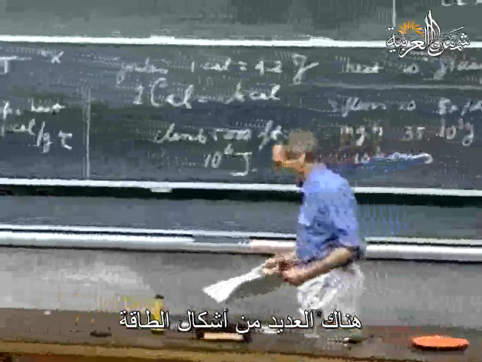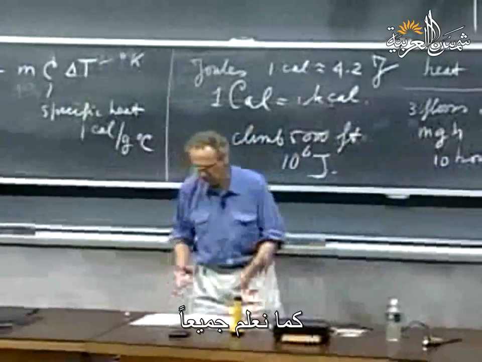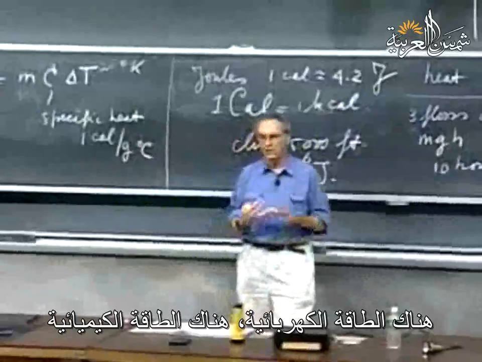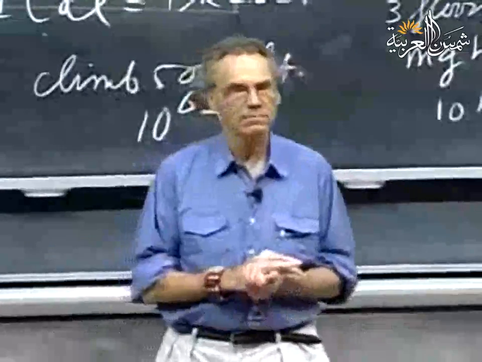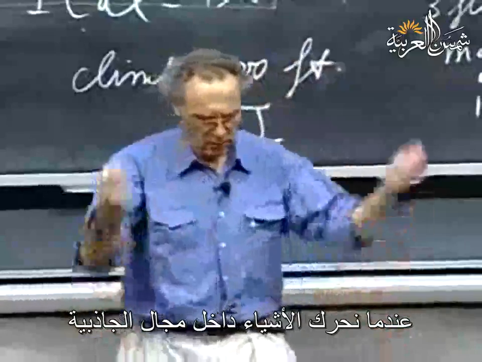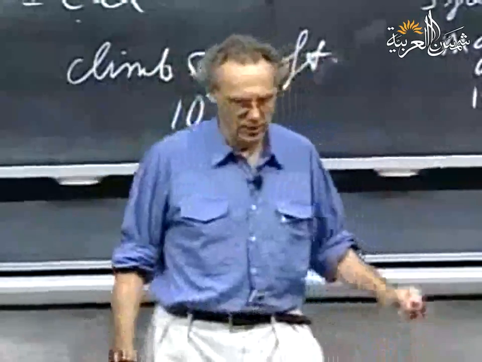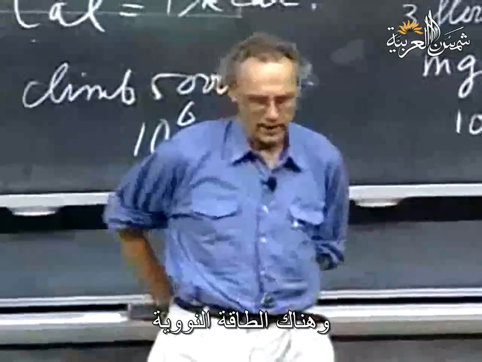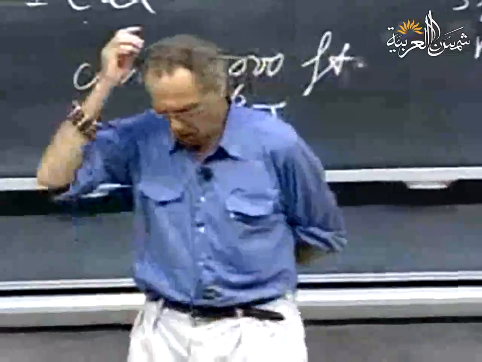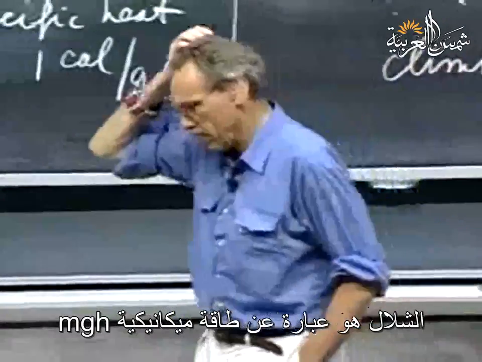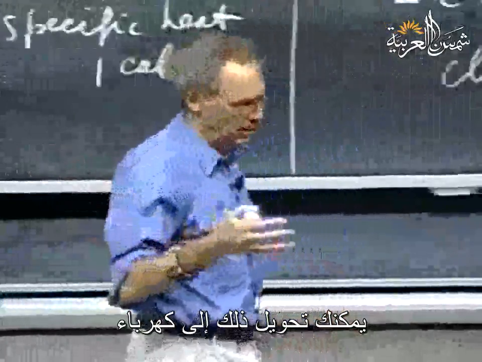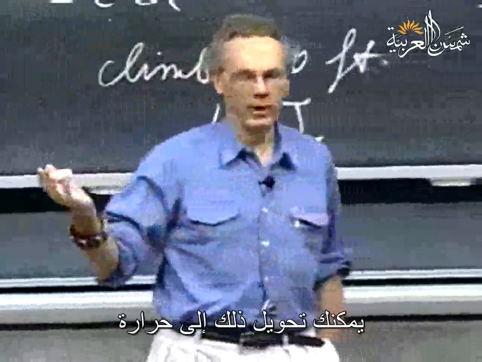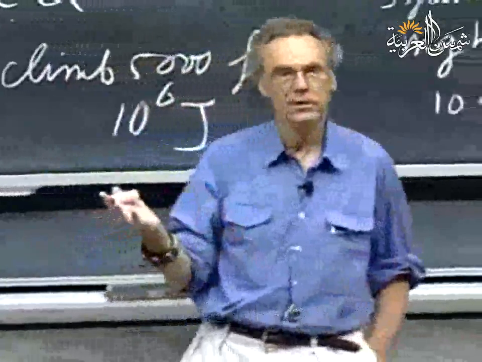There are many forms of energy, as we're all familiar with. There is electric energy, there's chemical energy, I mentioned that already, gasoline burning, there is mechanical energy when we move things, gravitational field, and there is nuclear energy. A waterfall is mechanical energy, mgh. You can convert that to electricity. You can convert it to heat.